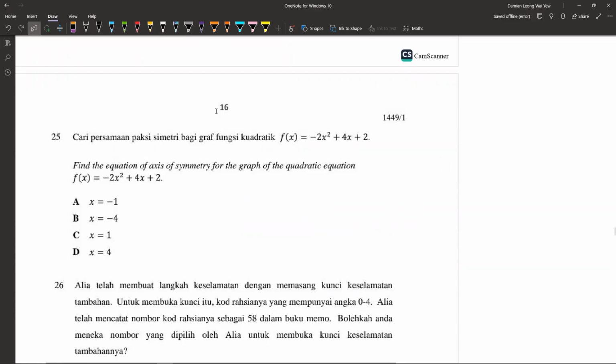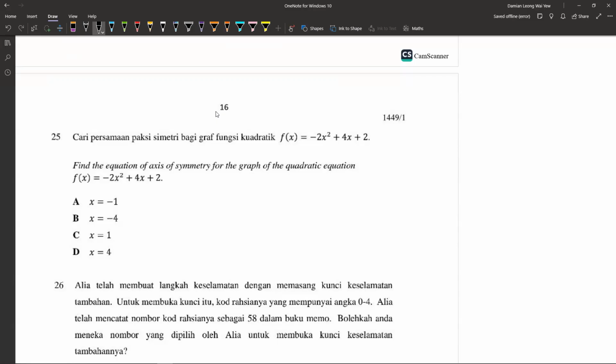So f(x) is negative 2x squared plus 4x plus 2. There are two ways of finding it.